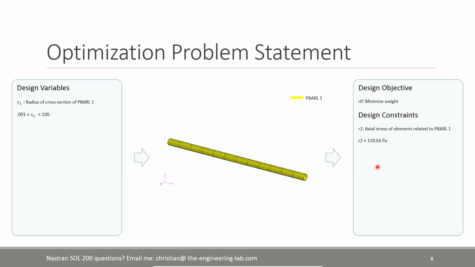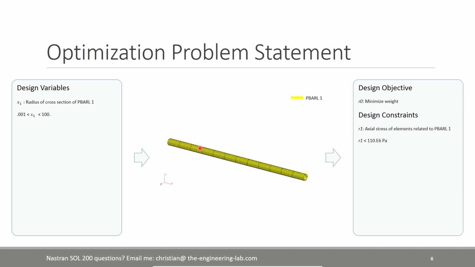It's also up to you to select your design constraints from these outputs. Here on the right, I have our objective. Our objective, called R0, will be to minimize the weight. Our design constraints, R1, will be the axial stress of any element associated with P bar L1.